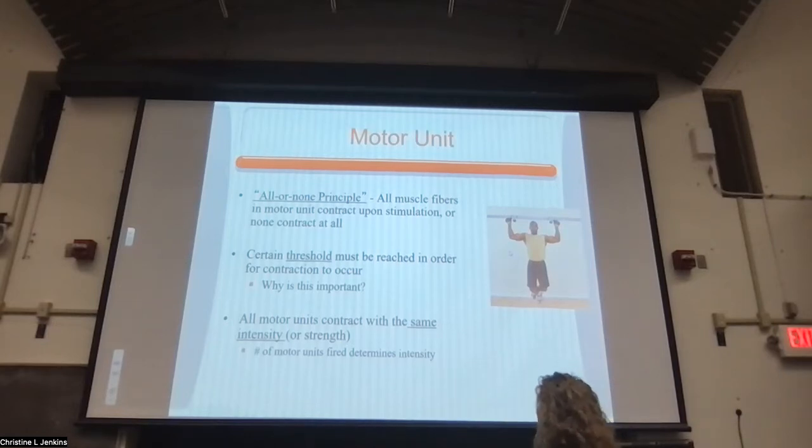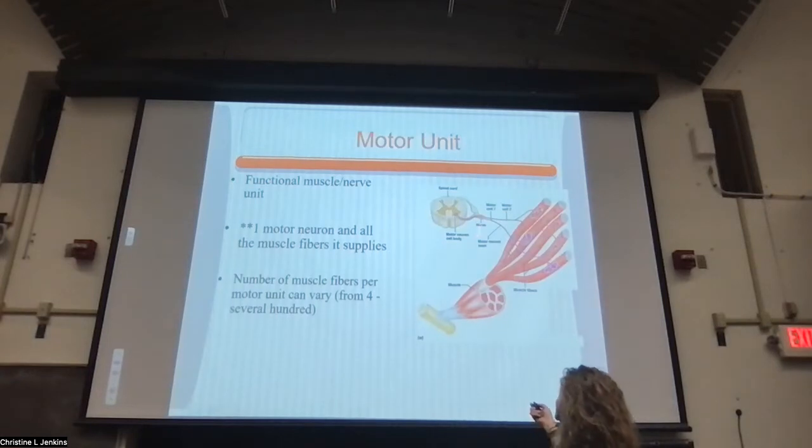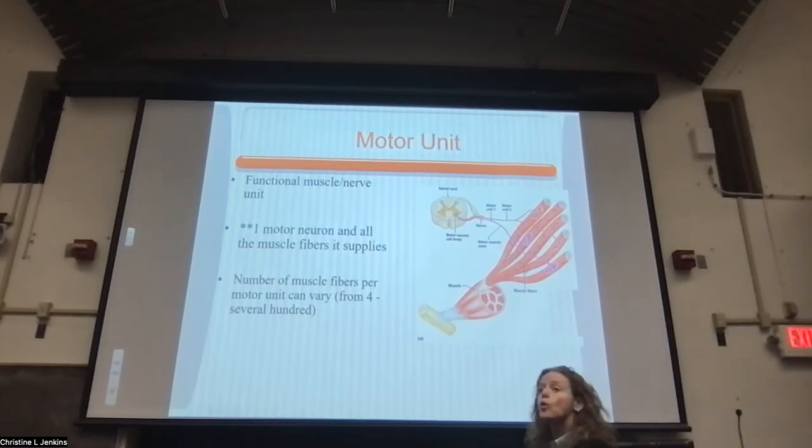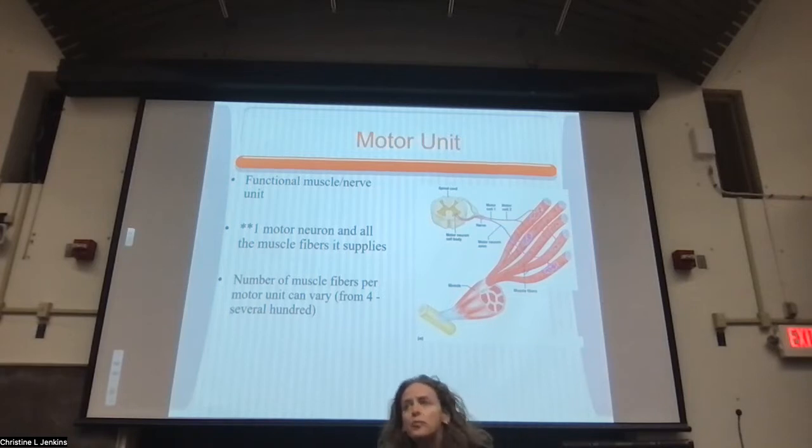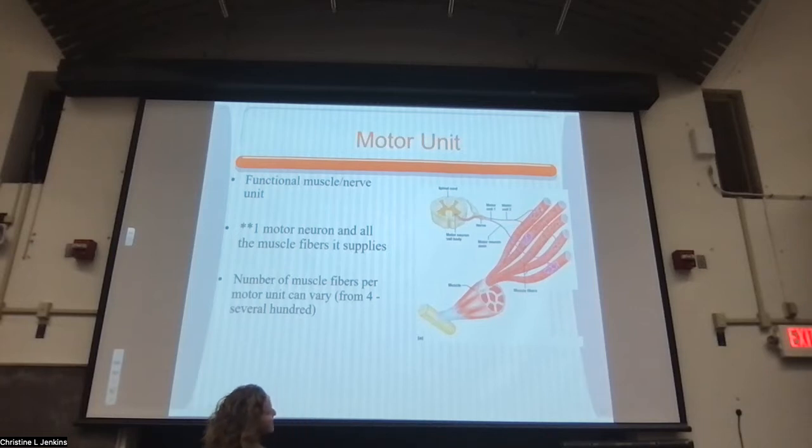Within that red motor unit, when I send a nerve impulse down here, all 3 contract or none contract at all. So within a motor unit, either all muscle fibers that it supplies contract or none. You can't do 50-50 within a motor unit. All or none principle. If I send a nerve impulse down here, all 3 will contract or none.